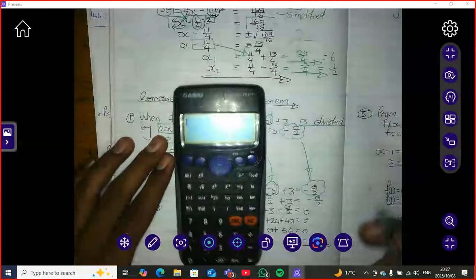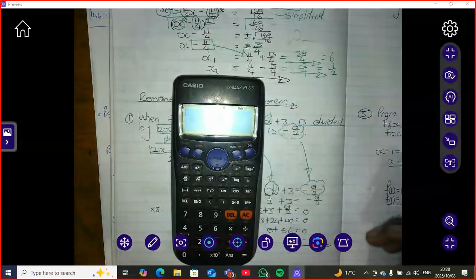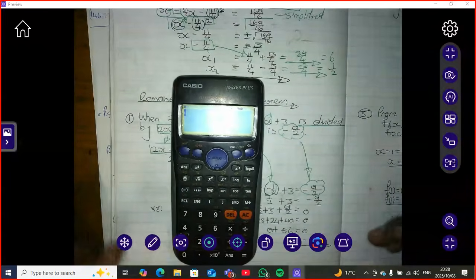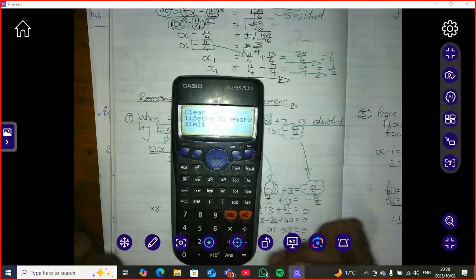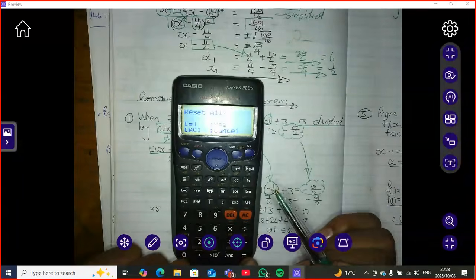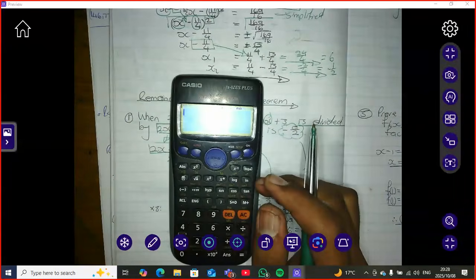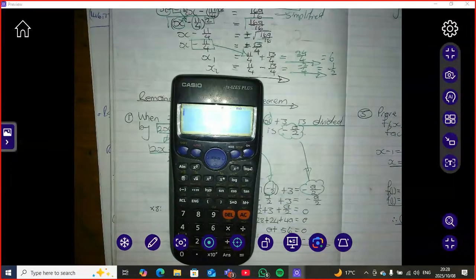Before you use it, make sure it's on. You press shift, clear, to give you these three options, and you say all, yes. So what I did now was reset. You reset all the extra settings, or any setting that was put in last, or maybe you pressed by mistake.